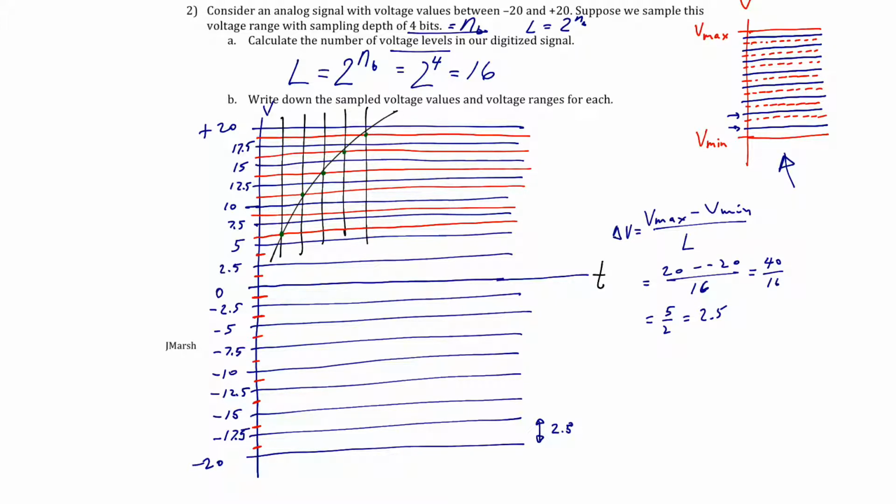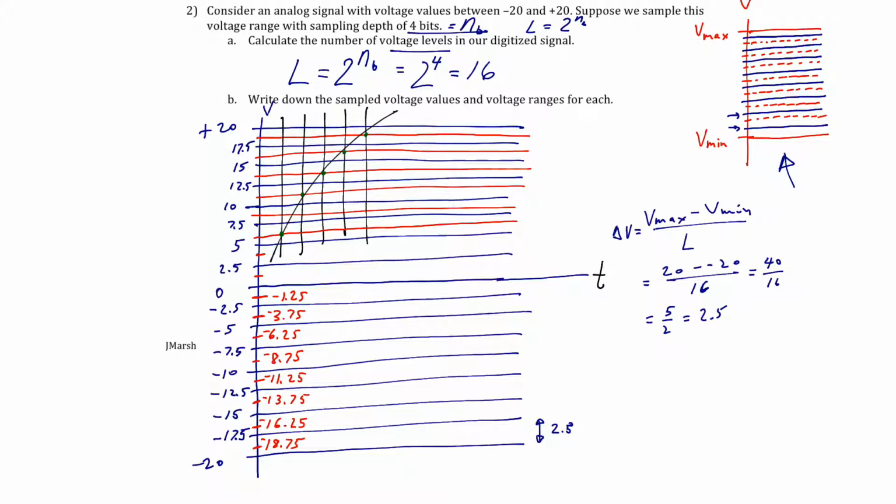I'd have 18.75 here, 16.25 here, 13.75 here, 11.25 here, 8.75, 6.25, and negative 1.25, these are all negative. Okay, negative 3.75, and these are the values that we have.